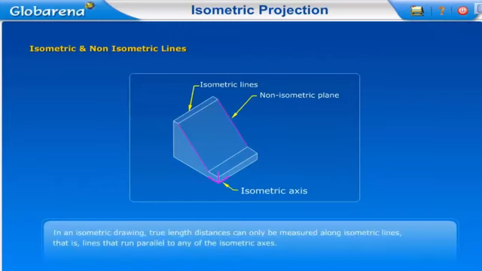In an isometric drawing, true length distances can only be measured along isometric lines, that is, lines that run parallel to any of the isometric axes. Non-isometric lines include inclined and oblique lines and cannot be measured directly. Instead, they must be created by locating two endpoints.